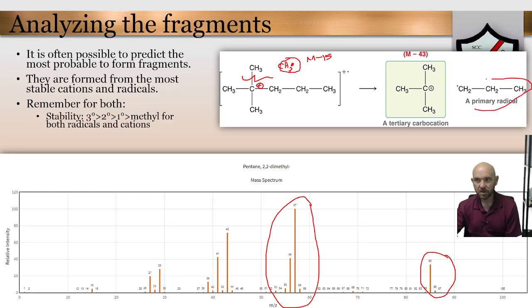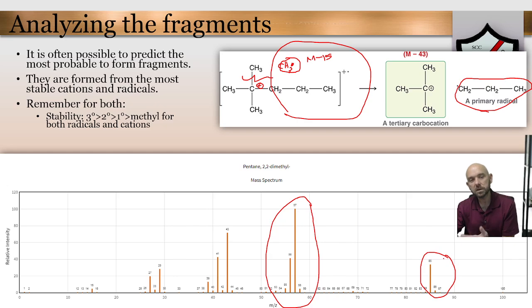In the other we have a primary radical, which is not very stable, but it's more stable than a plain old methyl radical. So it's more likely for these two species to form than for those two species to form. That's why we see a more abundant peak at m minus 43 than at m minus 15, even though we do see some of the m minus 15 peak.